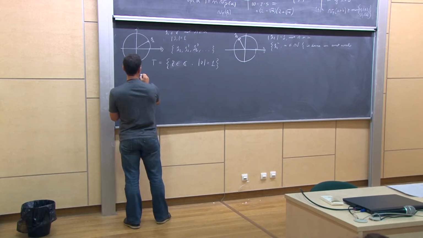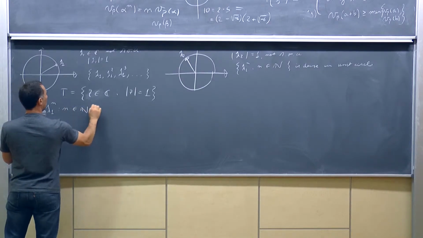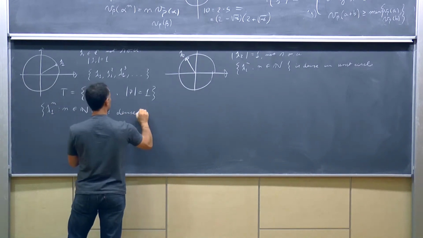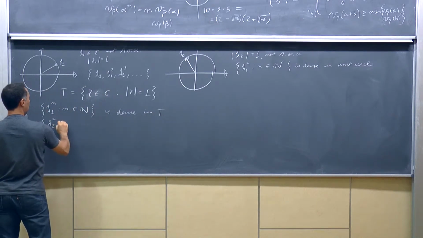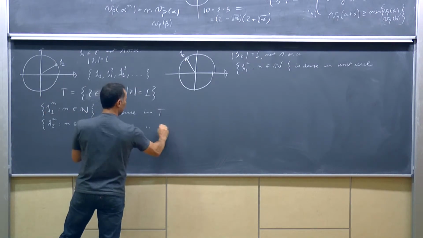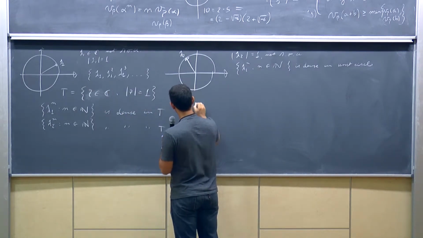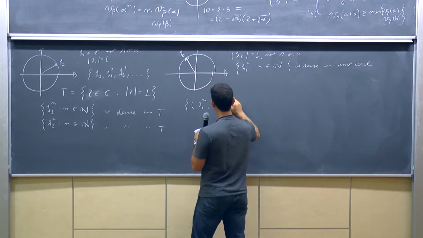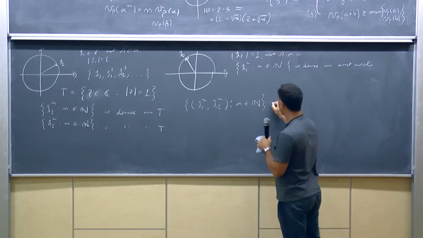I know that the set lambda 1 to the n is dense in T, and I know that the set lambda 2 to the n is dense in T. And I'm wondering, what of the set lambda 1 to the n, comma, lambda 2 to the n, same n. Okay, so I'm looking at this set now.